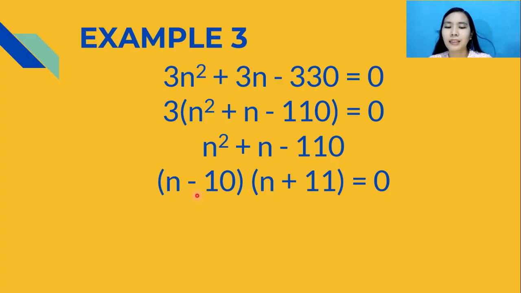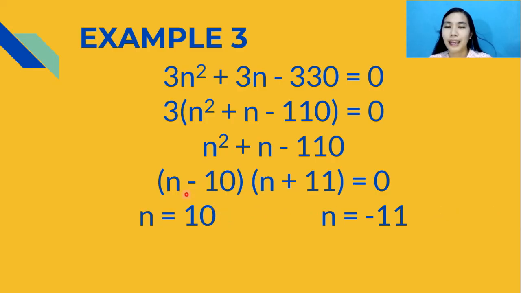And then negative 10 times positive 11 is equal to negative 110. So these are the real factors of the given n squared plus n minus 110 equals 0.